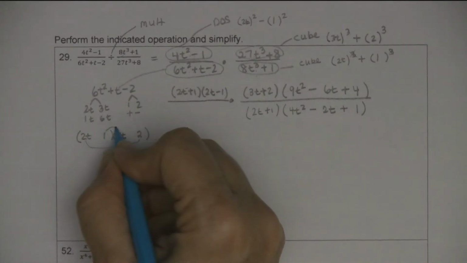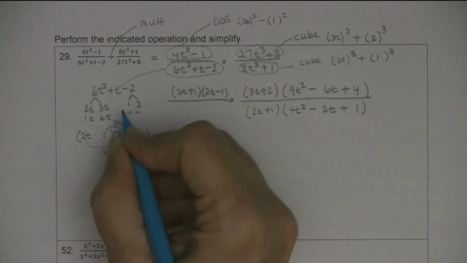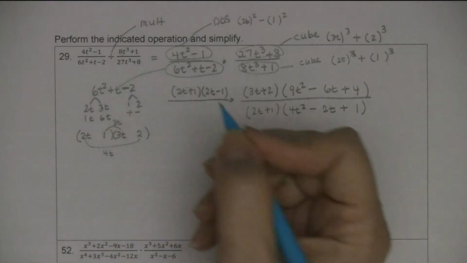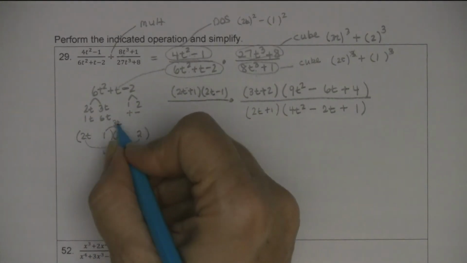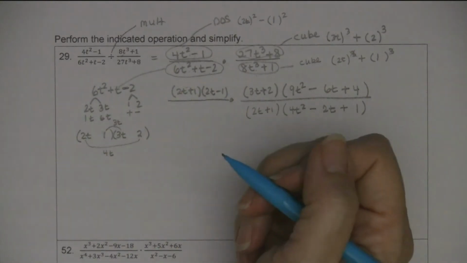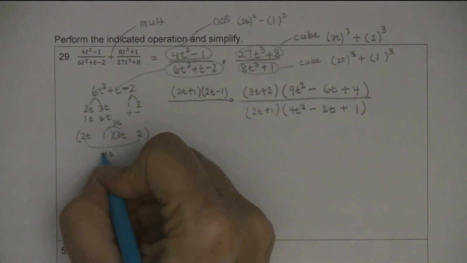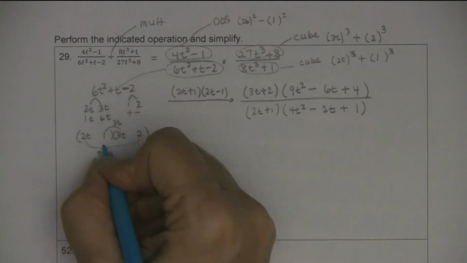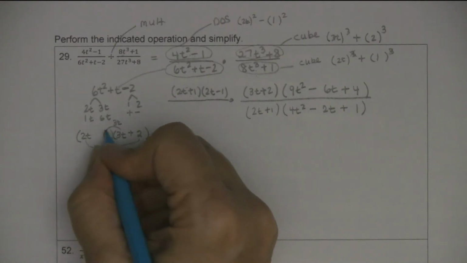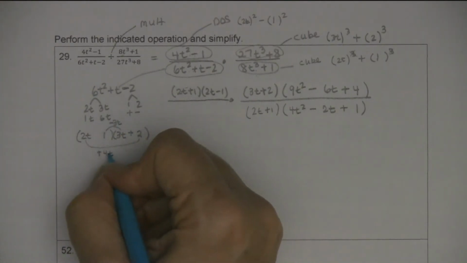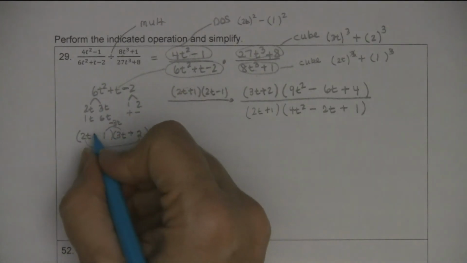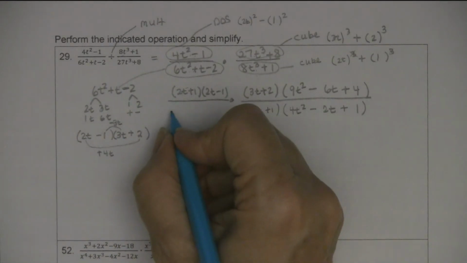And this is going to make 3t. And when I subtract them, because that's a minus sign, 4t take away 3t is 1t. So that's perfect. I need this to be positive, so this needs to be positive. And I need this to be negative so that I get positive t. So this is negative.